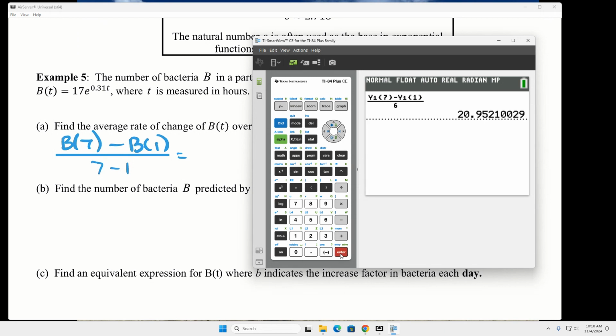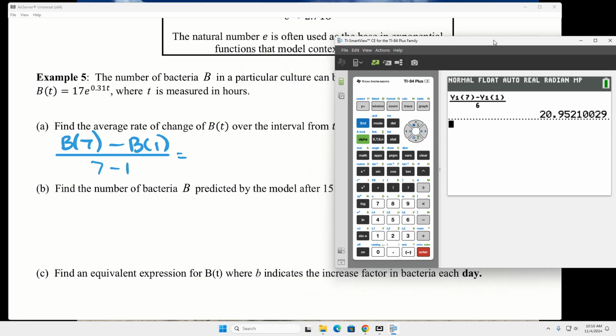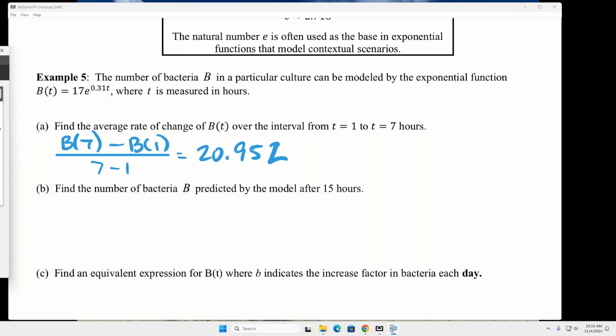And there it is. Just be careful that you're accurate to 3 decimal places. What would the units be on this? Bacteria per hour. Very good. So we subtracted bacteria on the top and time on the bottom.